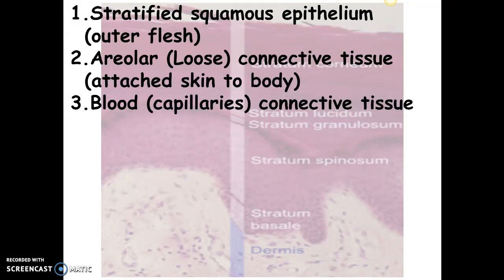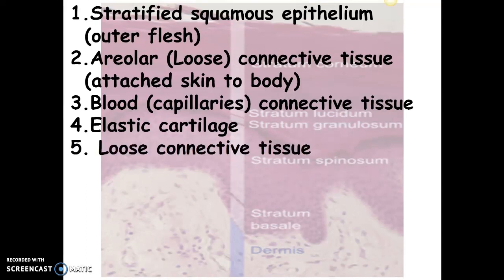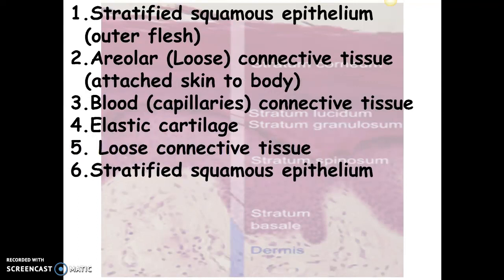The blood has to feed things. Underneath that, you have that tissue, which is so flexible but strong. What's it called? Yes, cartilage. Underneath the elastic cartilage, you've gone through it. Now you're coming back out the same way you went in. You got the areolar, loose connective tissue with your blood, and finally, epithelial. Could be a test question. Who knows?